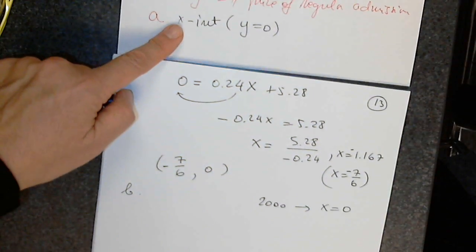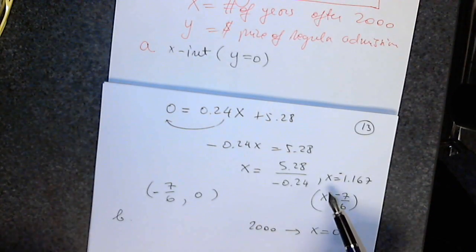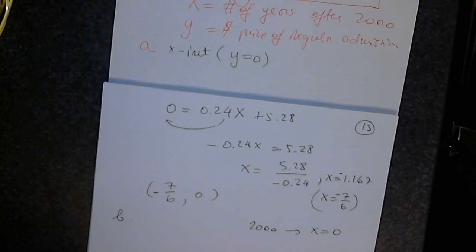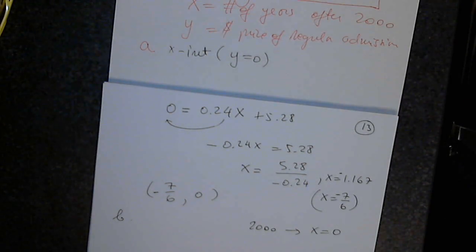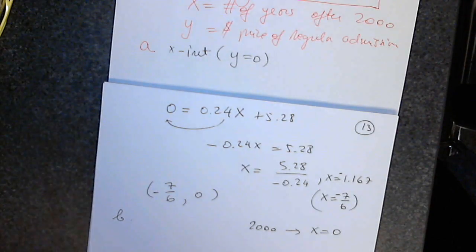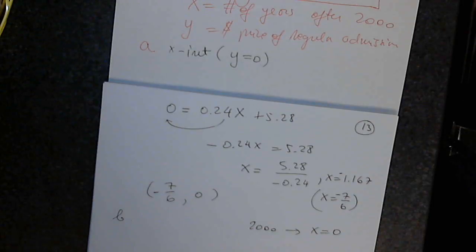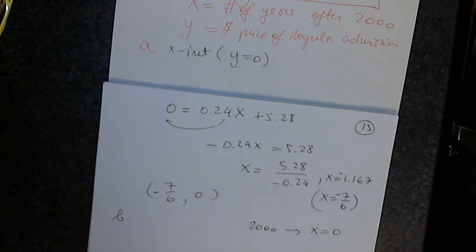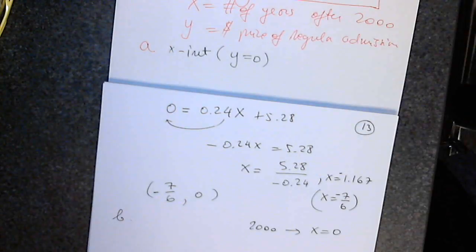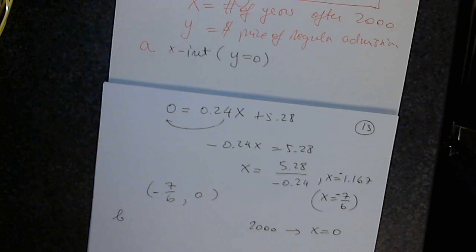So, did I divide this incorrectly? Oh, yeah, I'm sorry. My calculator, for some reason when I turn it on, I have to wait a few seconds, because otherwise the first number that I type in doesn't register. 5.28 divided by 0.24 is negative 22.